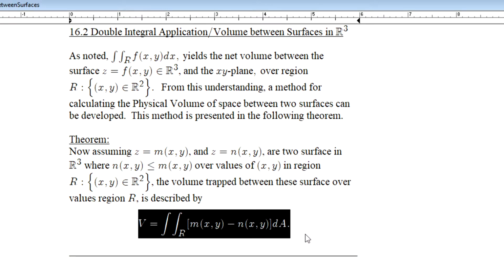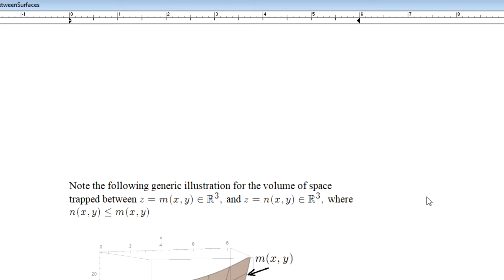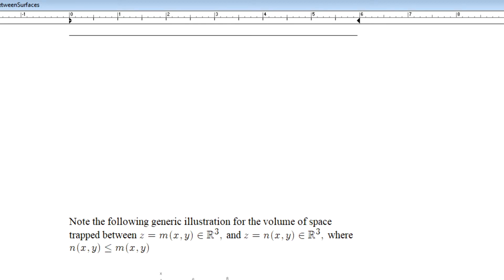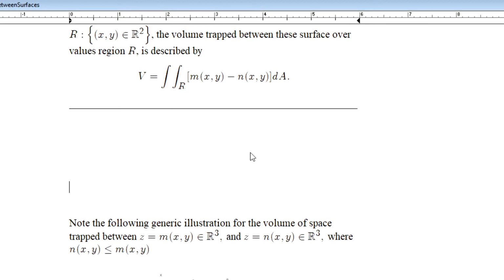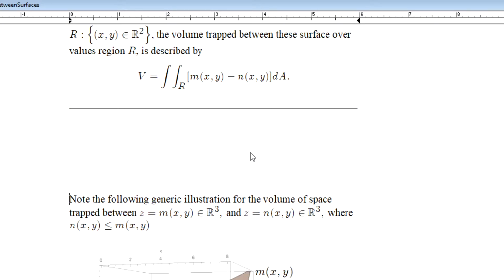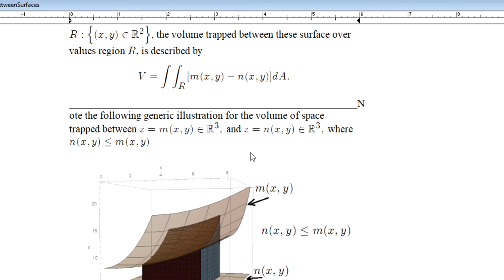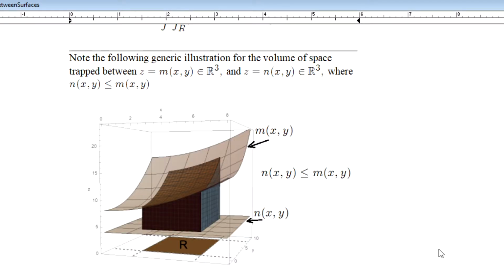This is the way we have of using a double integral to calculate physical volume trapped between these two surfaces. First, let's look at an illustration of what I am noting here. I put together this generic illustration of this calculation.